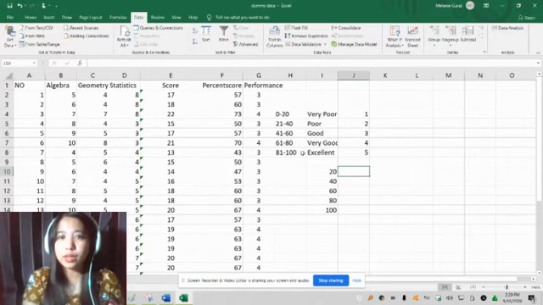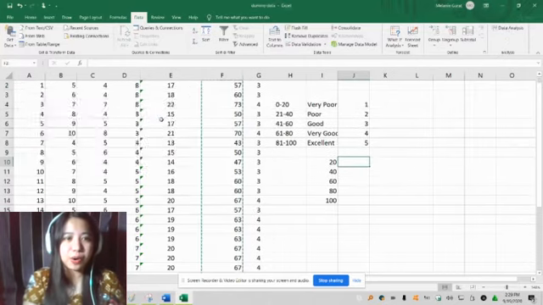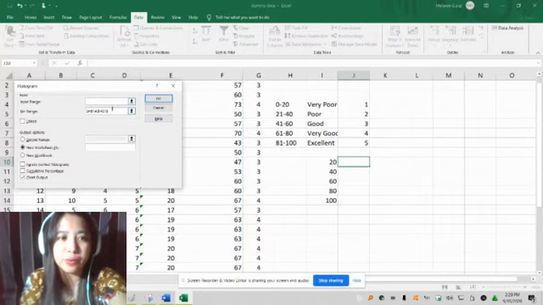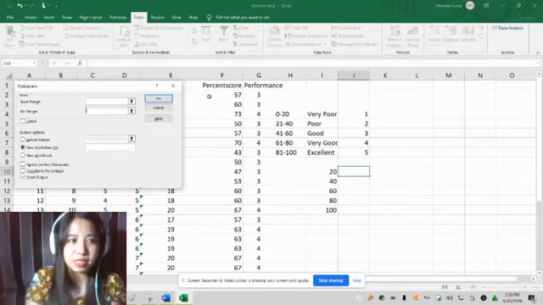Next, what I need to do is to click Data Analysis and then Histogram. Of course, initially, you cannot find any numbers here once it is your first time to open it. For the input range, we will place the value of the performance. So this is the performance.